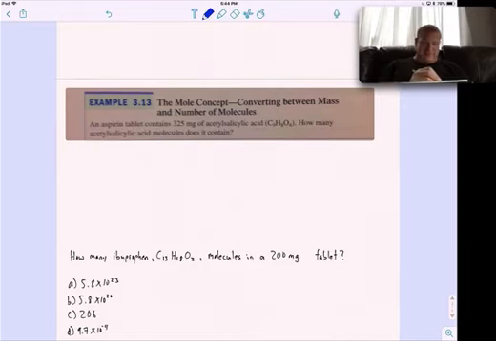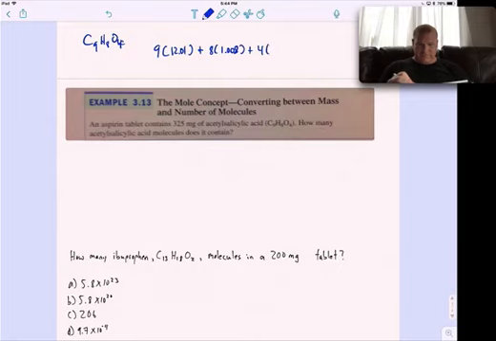So C9H8O4, and you do not have to memorize the periodic table. 9 times 12.01 for carbon, plus 8 times 1.008 for hydrogen, plus 4 times 16.00 for oxygen.